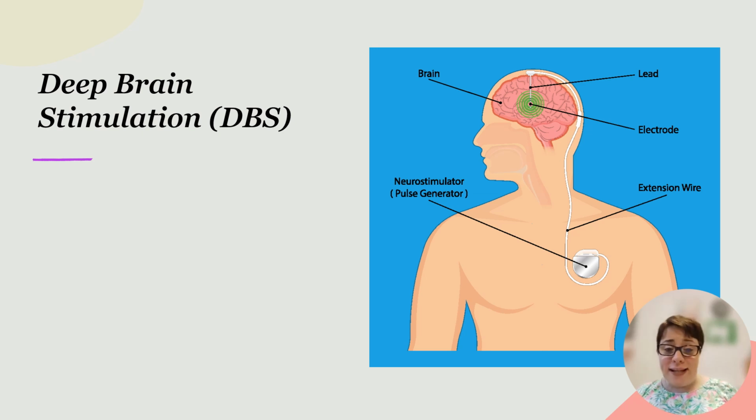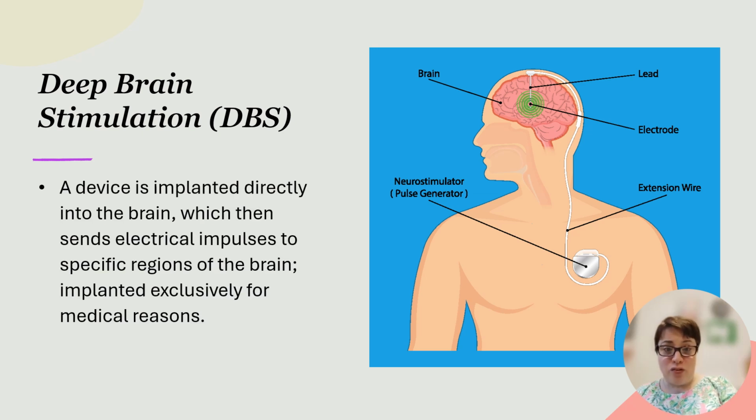In deep brain stimulation, or DBS, a device is implanted directly into the brain, which then sends electrical impulses to specific regions of the brain. So DBS is exclusively implanted for medical reasons. So it's useful for alleviating, for example, symptoms of Parkinson's disease and other brain-based motor disorders.